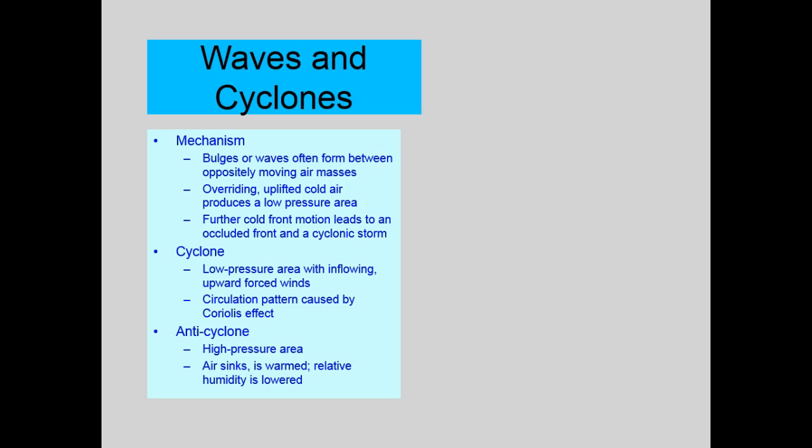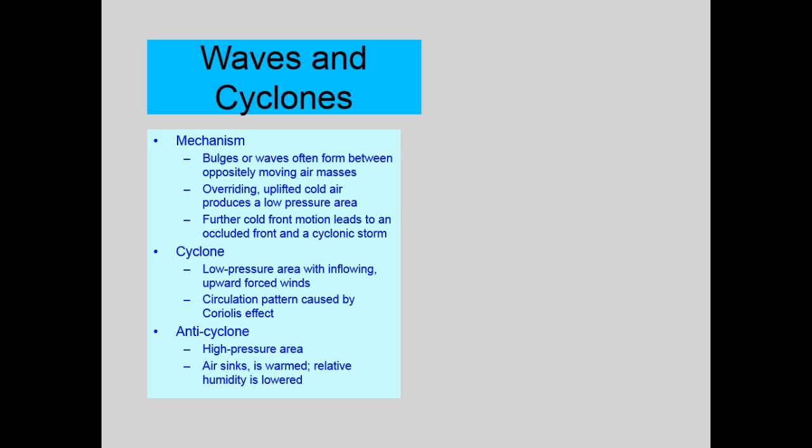And the bulges or the waves often form between those oppositely moving air masses. The overriding uplifted cold air, now this is a bizarre statement here. The overriding uplifted cold air, that shouldn't happen. The cold air shouldn't be lifted. The warm air should go up and the cold air go below.